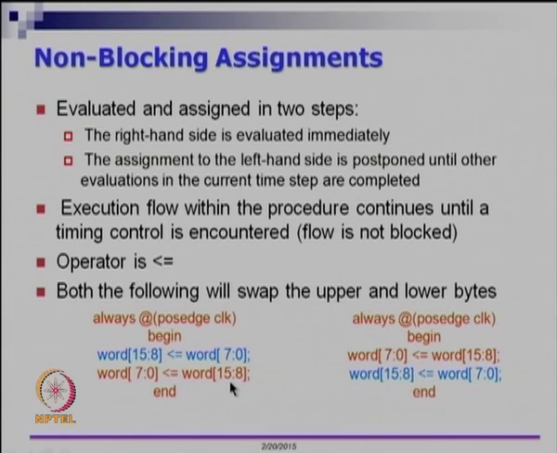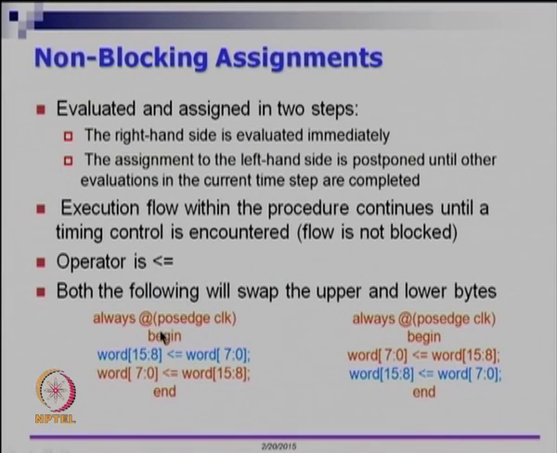Evaluating that means, in some sense you get a copy of those 2, right. You will do this for all the non-blocking assignments. So, when you look at this sequence of statements, the right side is evaluated immediately and the assignment to the left side is postponed. So, that is the key word, it is postponed until all the other evaluations in the current time step are completed.